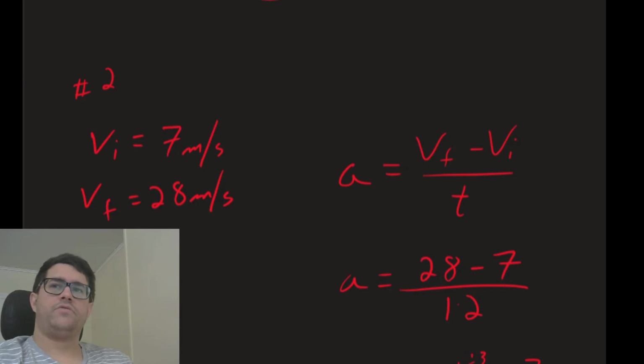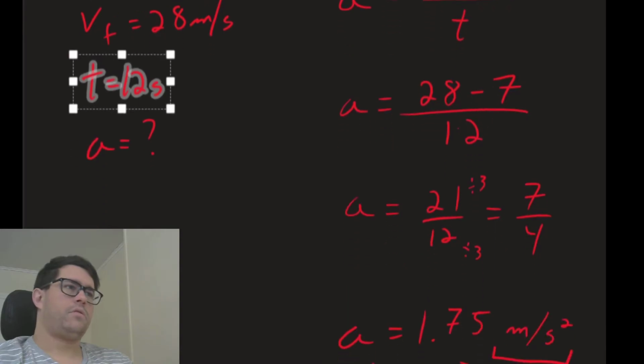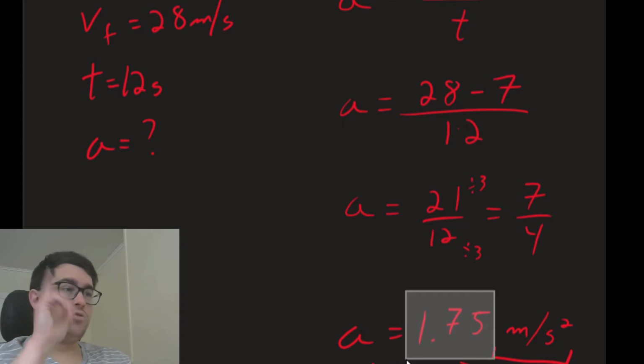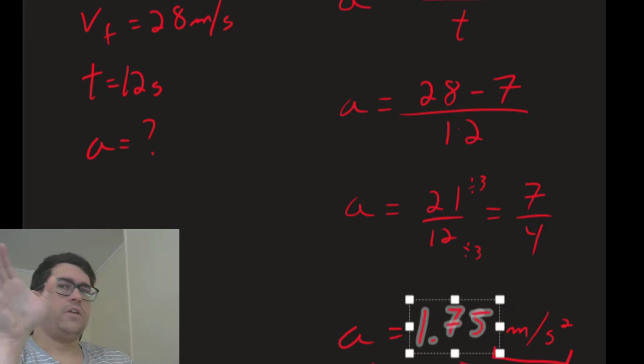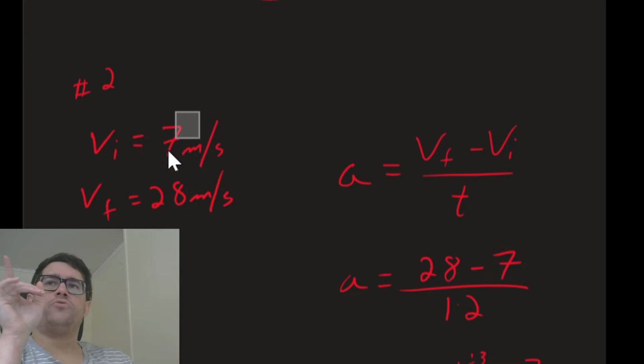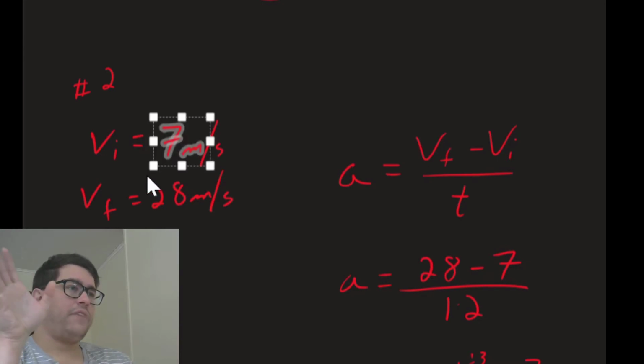So as you can see here, if she has 12 whole seconds, and every second she increases her speed by 1.75, that's almost 2 meters per second every second. So her speed goes from 7 to 9 to 11 to 13 to 15 to 17 to 19 to 21.